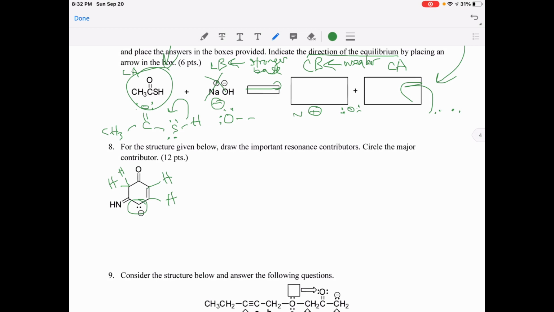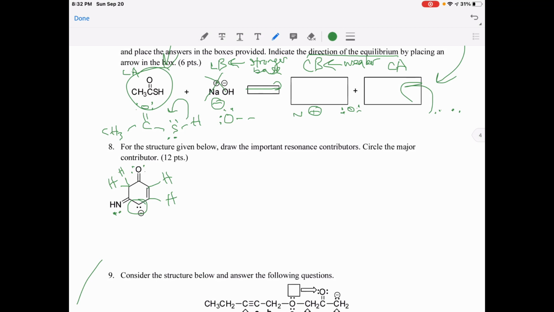So there are two directions in which this negative charge can move. It's to the left or to the right. Let's start with the left. I'm just going to add that lone pair to the nitrogen and the two lone pairs to the oxygen.